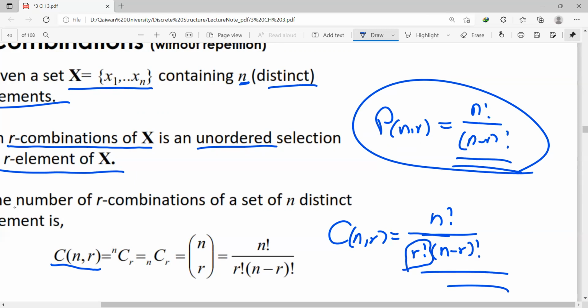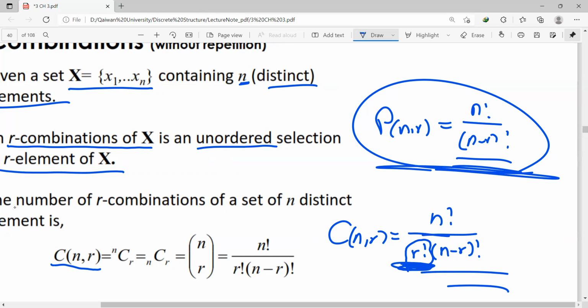This is the difference between these two rules. The rest is the same. This is just to make a relation between these two.